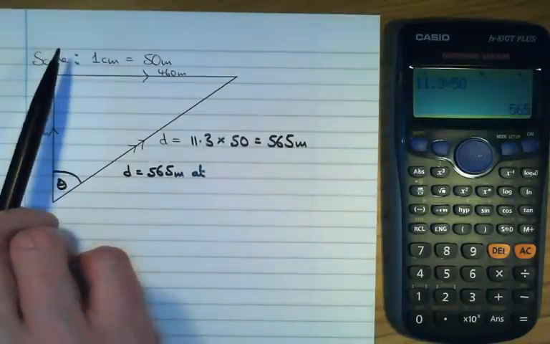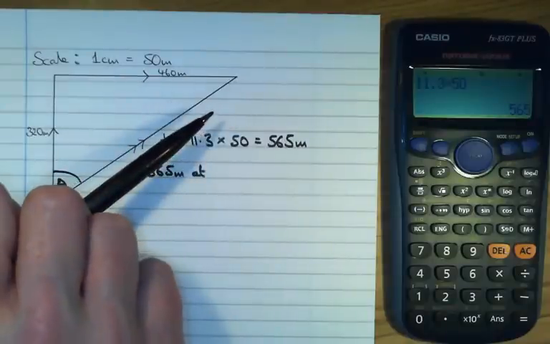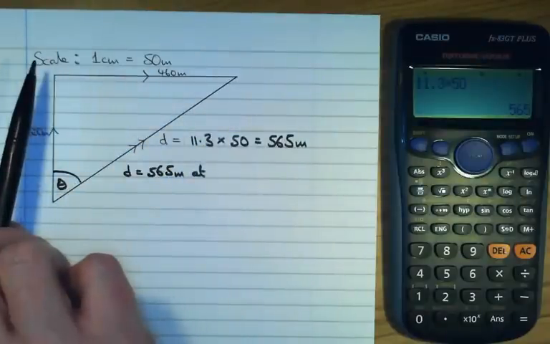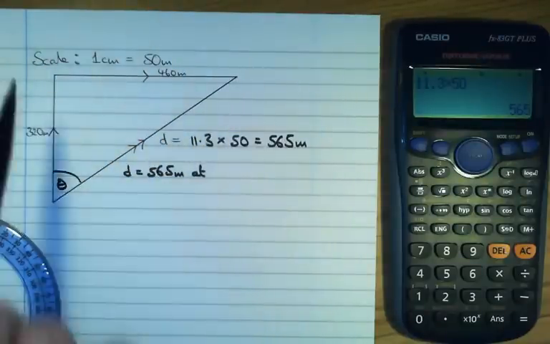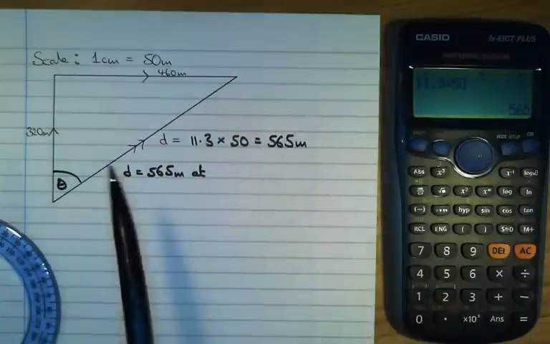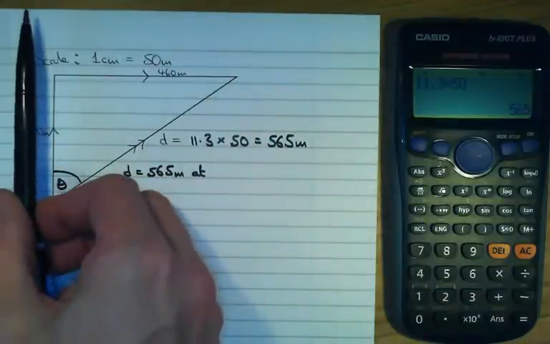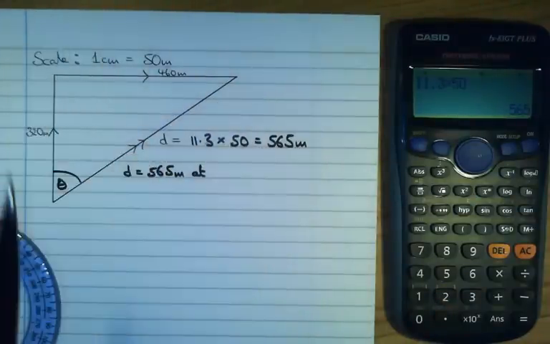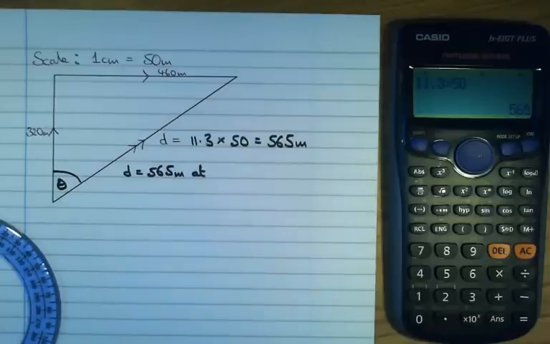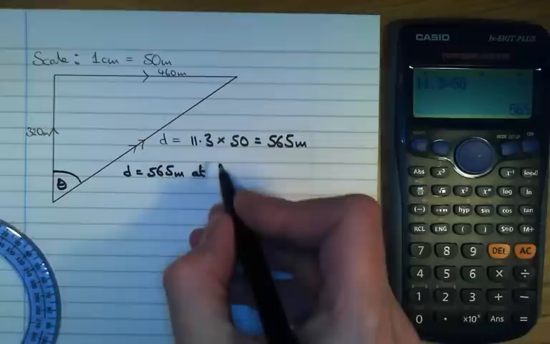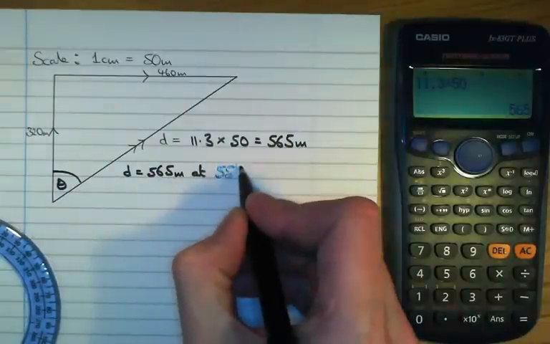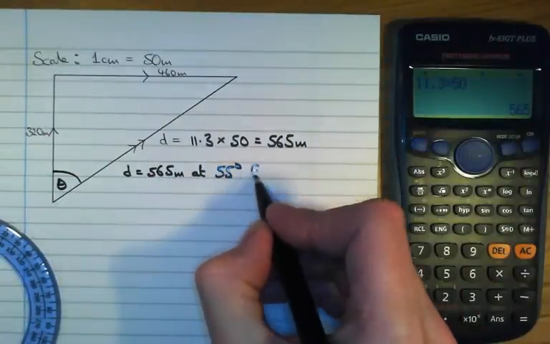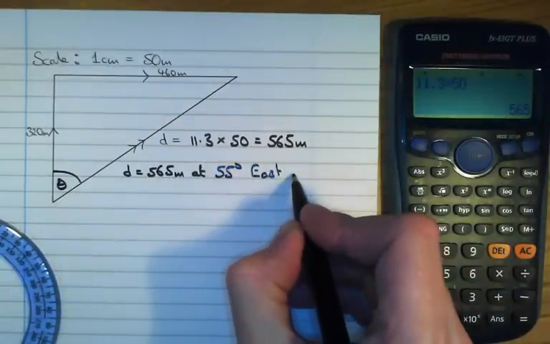From north I'm moving towards the east, so that would be 55 degrees east of north. So we say it's 55 degrees east from north, because that's where we were starting. So 565 meters at 55 degrees east of north.